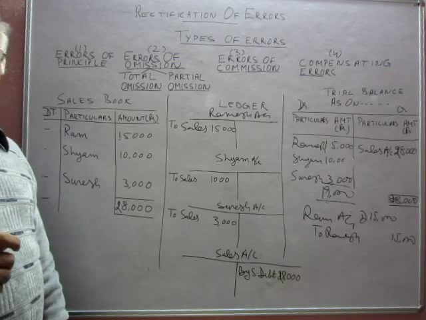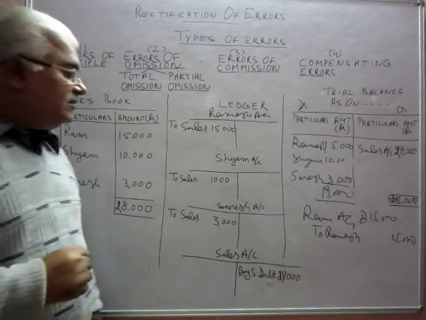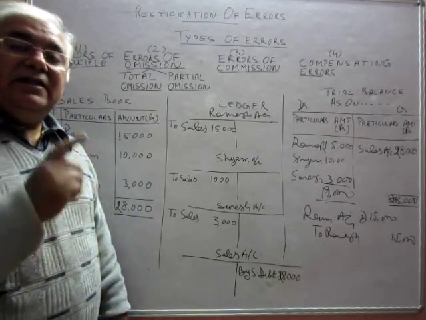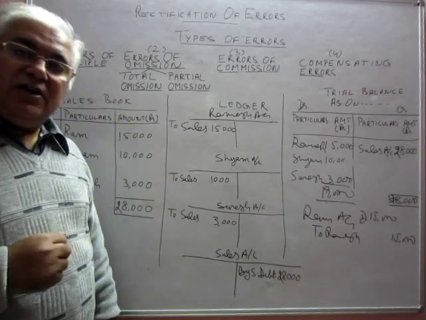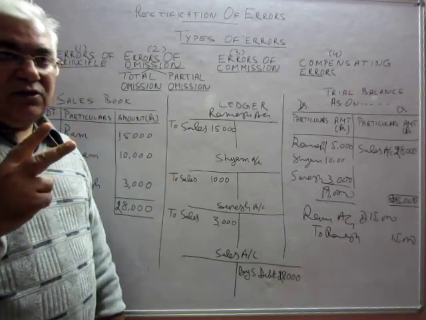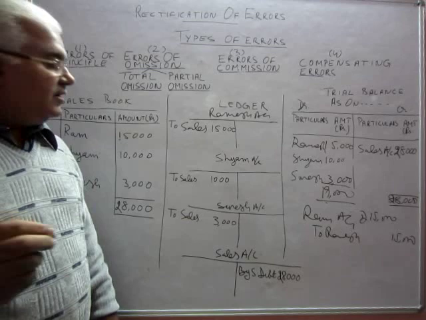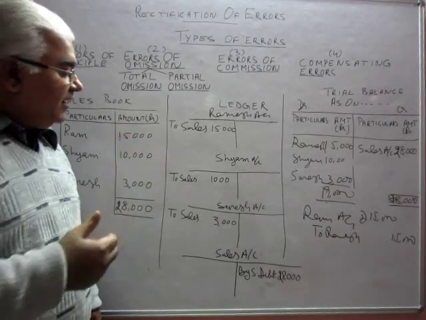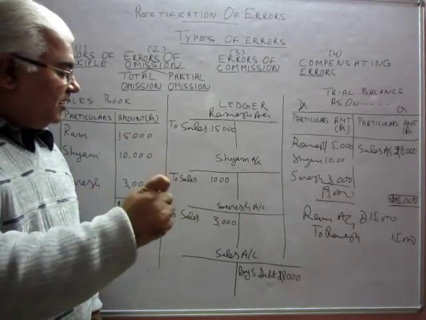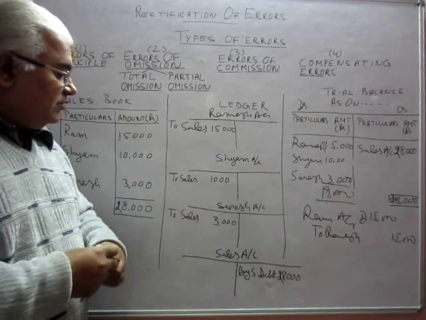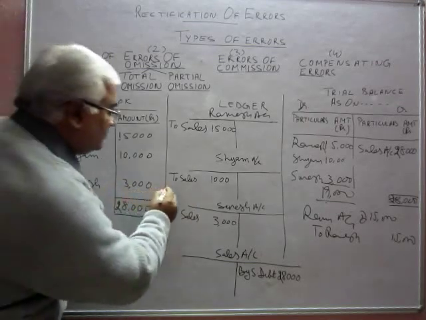Now this is an entry which is affecting only one account, that is Shyam's account. This is the reason our trial balance is not tallying. Now as I told you earlier, there are two ways of rectifying it. One, you can simply put it in Shyam's account like this.